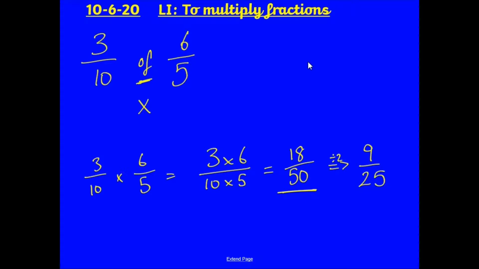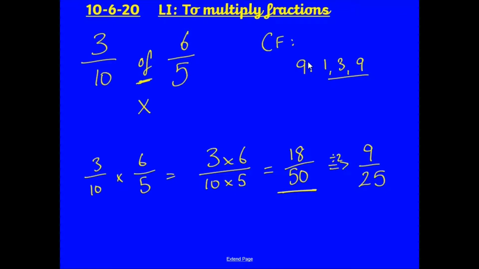Okay, could it simplify any further? Well, let's think. The common factors of 9 and 25. Well, the factors of 9 are 1, 3, and 9. 1 times 9 is 9, and 3 times 3 is 9. Nothing else works. So, I've got to think, do any of these factors, are they also factors of 25?